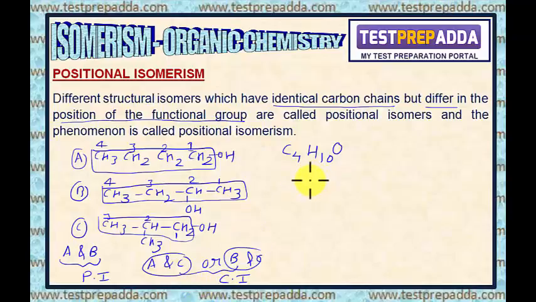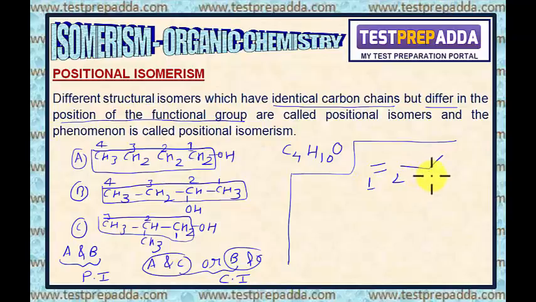Now, similarly, if I take another example like this, here you can see 1, 2, 3, 4. 4 carbon atoms are there. So you can write the molecular composition also, C4H.